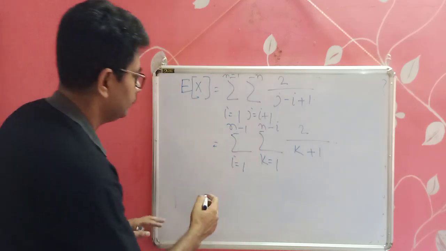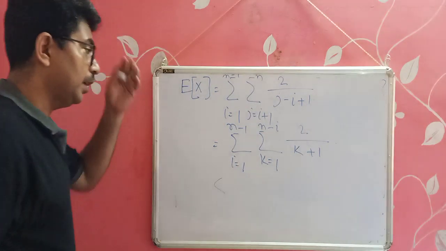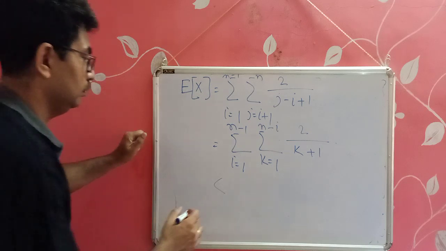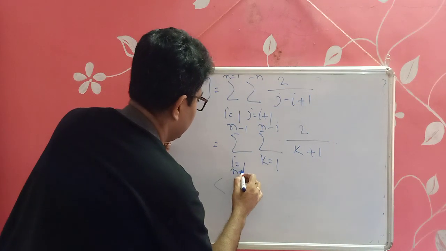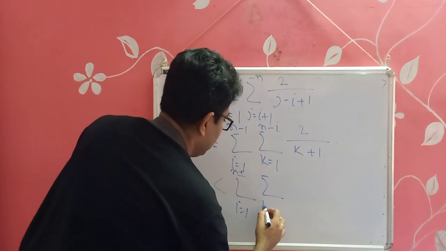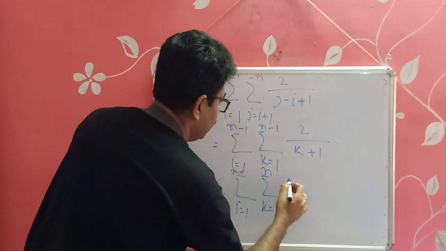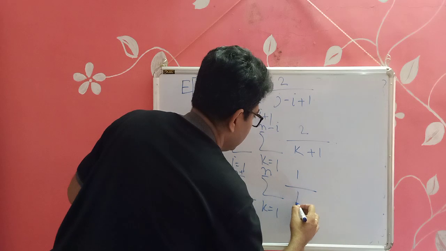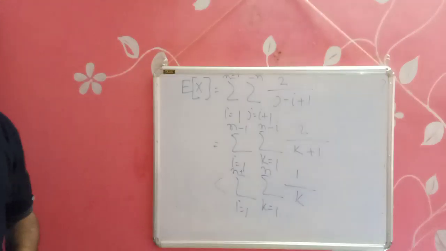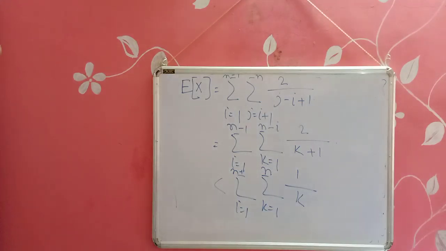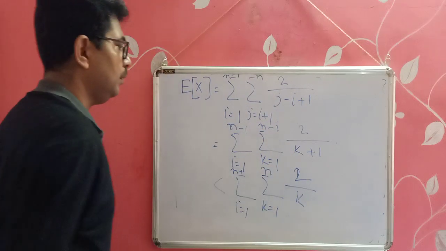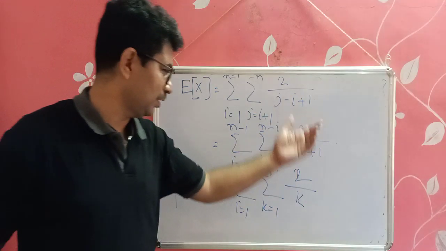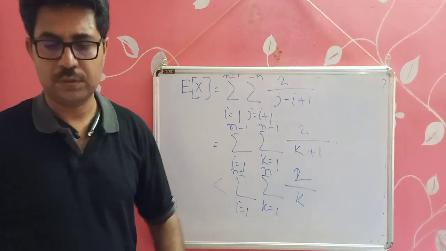So we can write that this is less than the sum for i equals 1 to n minus 1, k equals 1 to n of 2 by k. For simplicity we are considering 2 by k, but we have removed the plus 1.